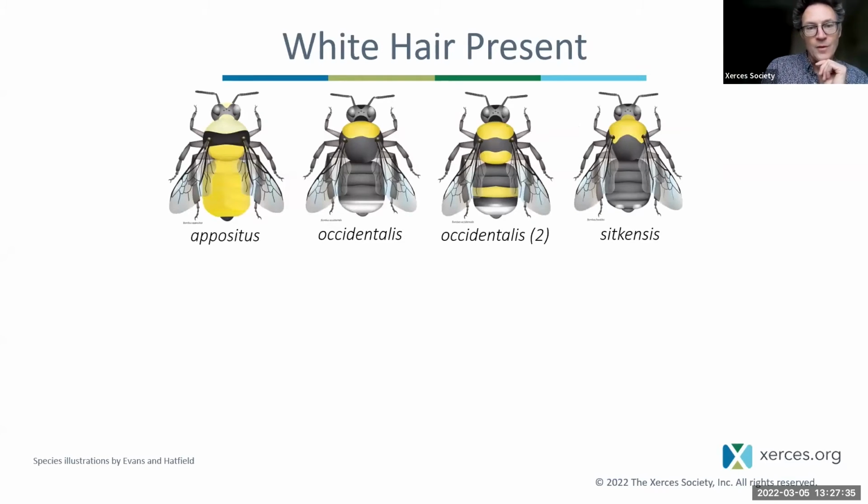Next, a category of bumblebees that have white hair present somewhere on the body. In California, this is limited for the most part to just 3 species. And here we have 4 representatives because the Western bumblebee comes in basically 2 flavors that include white.